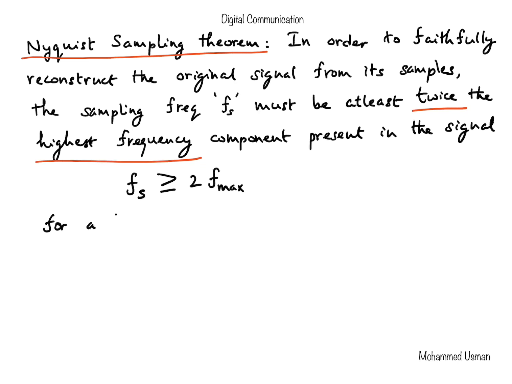For a baseband signal, by baseband signal we mean a signal whose spectrum is centered on zero frequency. So for a baseband signal, Fmax, the maximum frequency component, represents the bandwidth of the signal, which we denote by W. So W is the bandwidth of the signal.